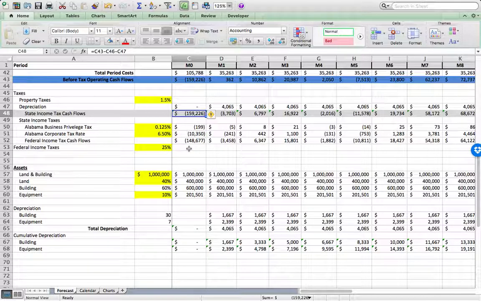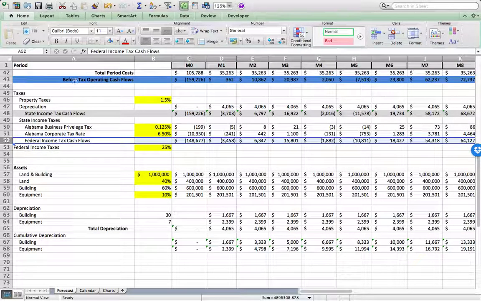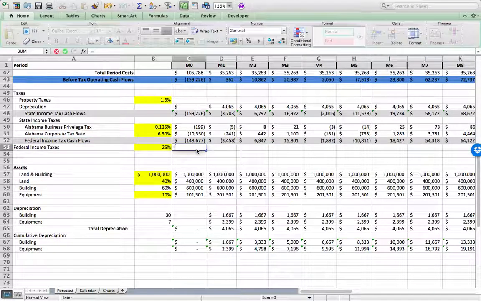So for federal taxes, we would then take this state income tax flow and simply multiply it by the federal taxes. And I'm going to say this, the federal tax system is a bit more complex than this. We're making a simplifying assumption of what we would call an effective tax rate of 25%.